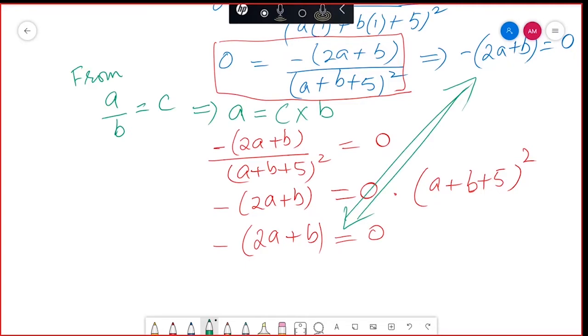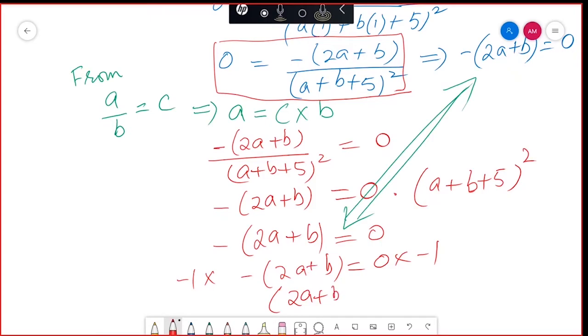Even if we multiply this by minus 1 on both sides, I don't do this so that it does not confuse you or the other students. So I can do it like this: minus 1 times minus 2a plus b is equal to 0 times minus 1. So this will give us 2a plus b. Sorry, I wrote times b, that was a typing mistake, and it becomes plus.